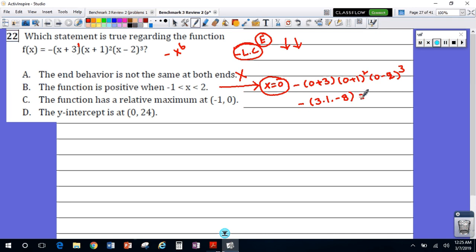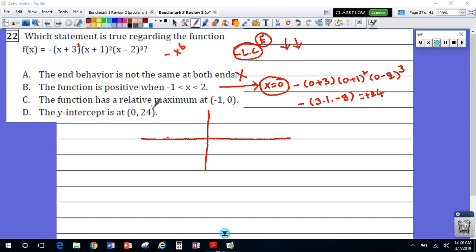So you get this value as how much? Negative, that is positive 24. Okay. Now let us decide the function is positive at between negative 1 and 2. Take any one value between those two and check it out.